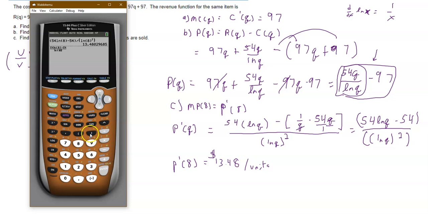But either way, you have to be aware of order of operations, because the calculator knows order of operations, and you have to be really careful the way you type it in to do it properly. So just be aware of that. If you're using a regular scientific, maybe figure out the logs in pieces and then calculate it out. Anyway, that is an example of how to do a profit function here, marginal profit calculation, when you have a function involving a logarithm.